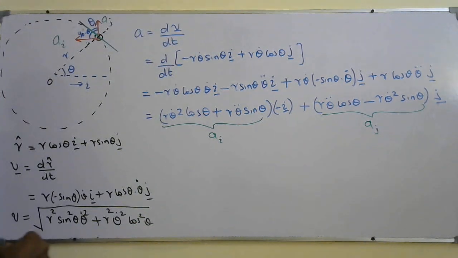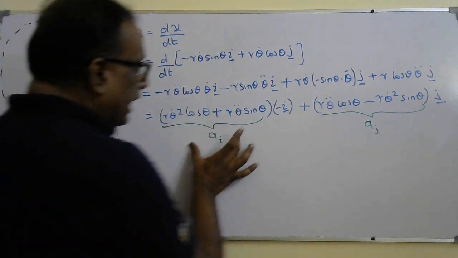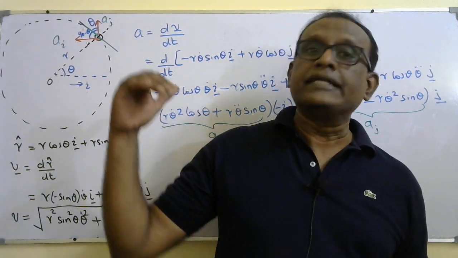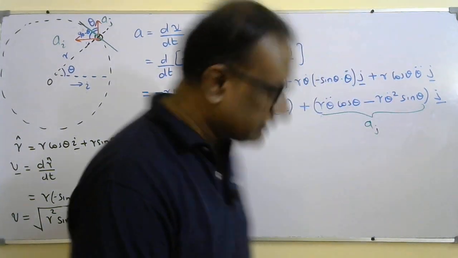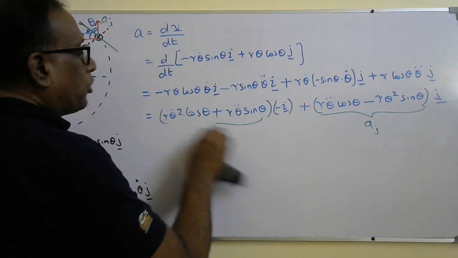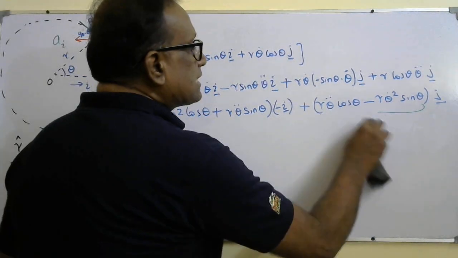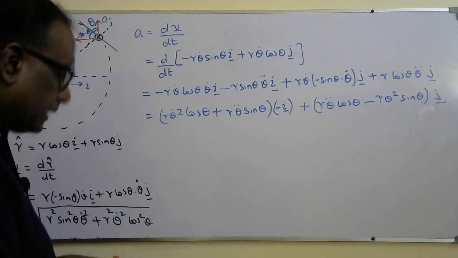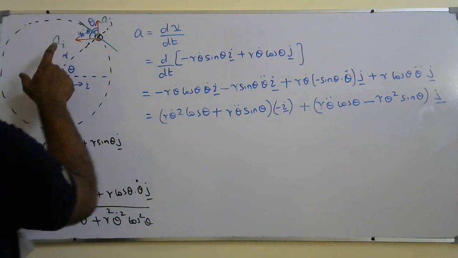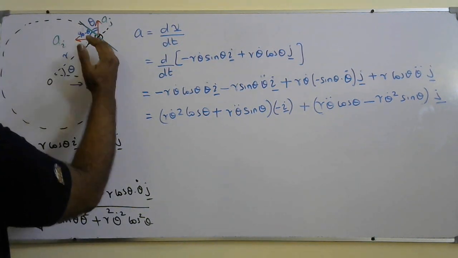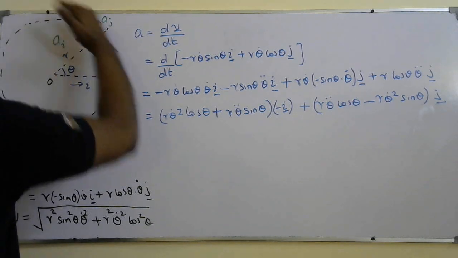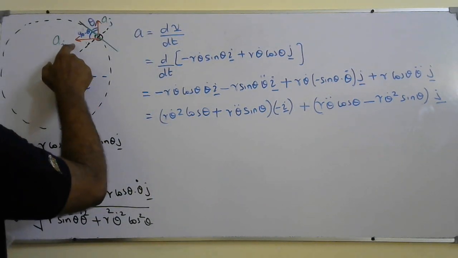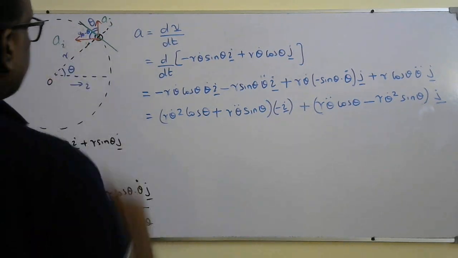Anyway, now I want to resolve a_i and a_j along the radius, which is perpendicular to the tangent, and along the tangent. We'll find the component of acceleration towards the center and along the direction of velocity. If I resolve it first towards the center, it is going to be a_i sine of 90 minus theta.